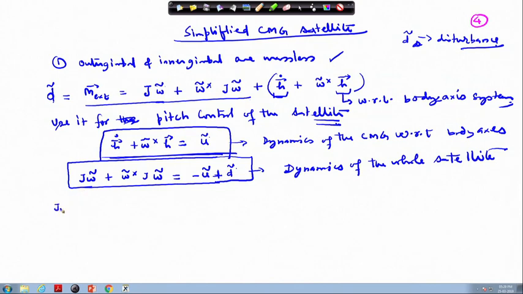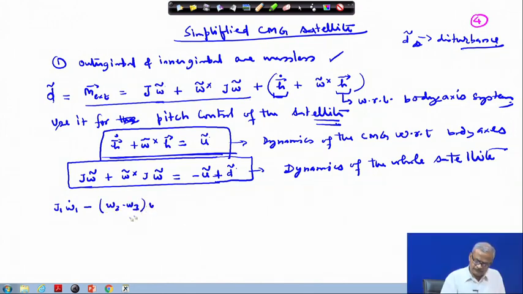Obviously, we can write this as J1 times omega dot minus J2 minus J3, this part.